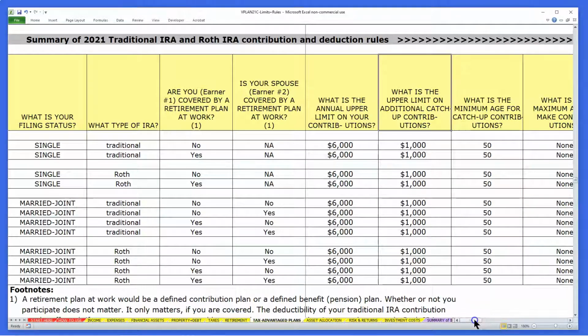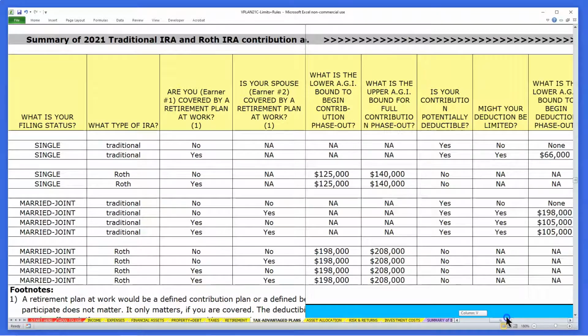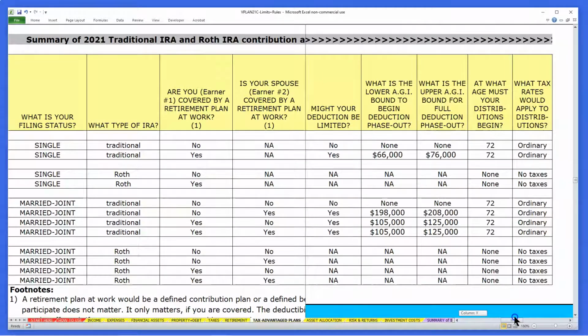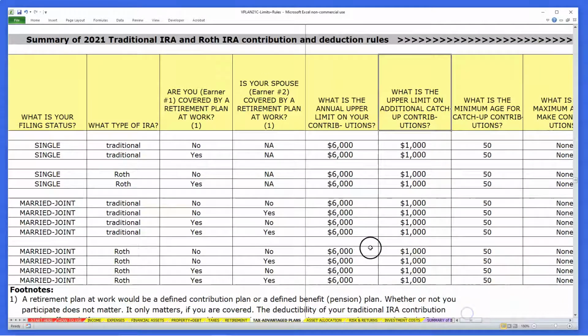When I scroll back and forth, you'll be able to see that the rules may vary from one to the other related to what the deduction limits are. So we'll go over this in a little bit more detail, but that's unfortunately what we have to deal with.